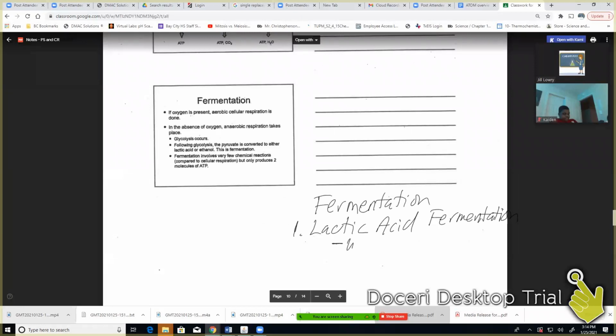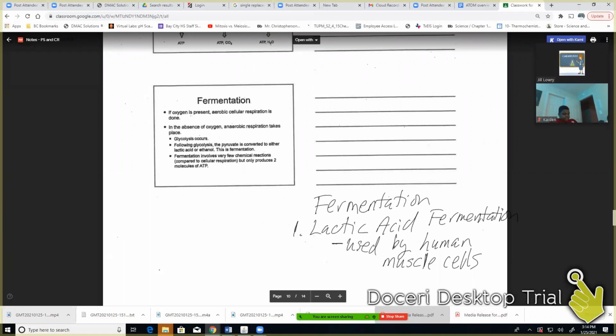And this is used by human muscle cells. So if you ever get those cramps because you've been exercising a lot, or sometimes we just get cramps maybe at nighttime, this is because there's a buildup of lactic acid, and that can cause cramps. And it produces a little bit of energy.